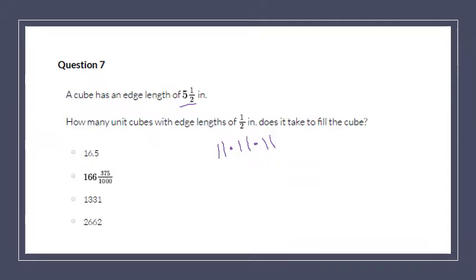So I'm doing 11 times 11 times 11. And I get 1,331. Oh, sorry, unit cubes. There we go.